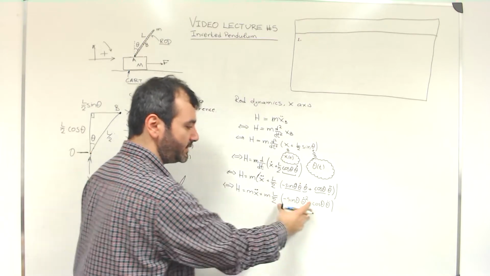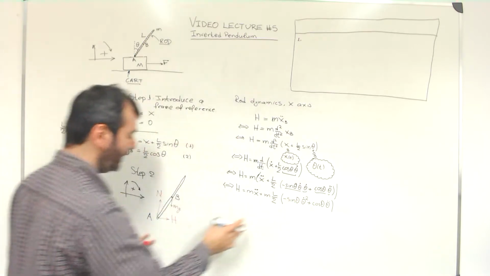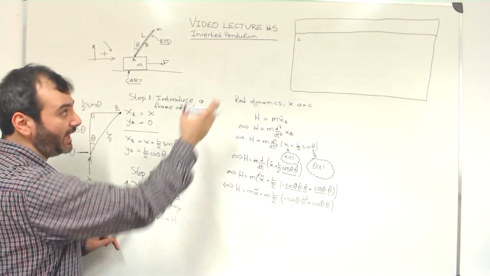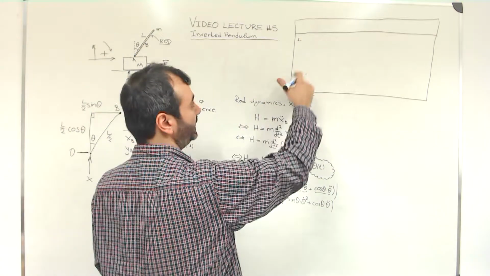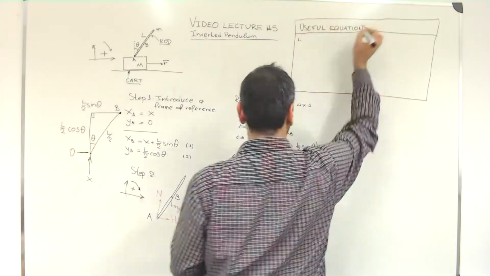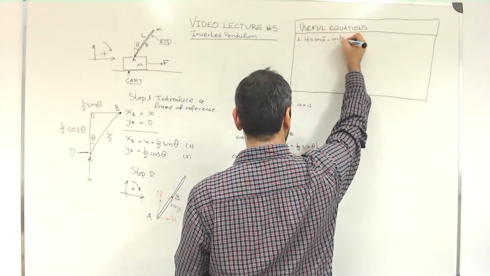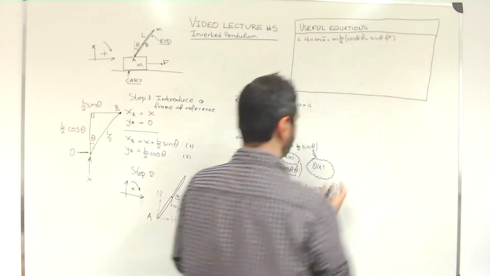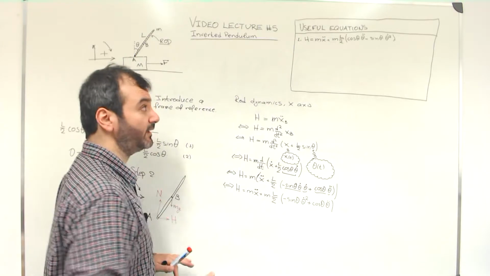The first differential equation we derived by taking Newton's second law of motion along the x direction. I will write it up there. I will collect here the useful equations. So I just copied the same equation up there.